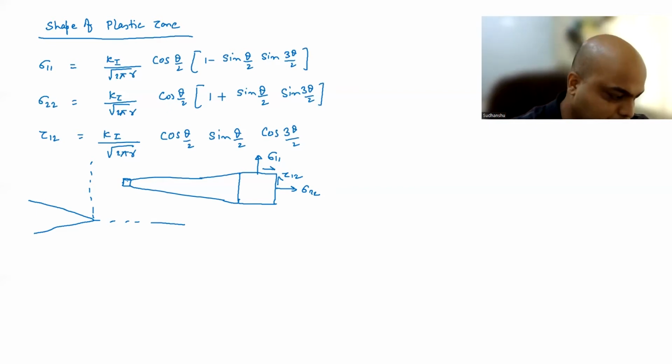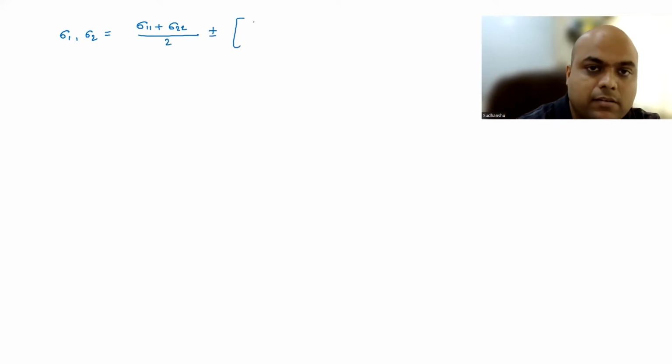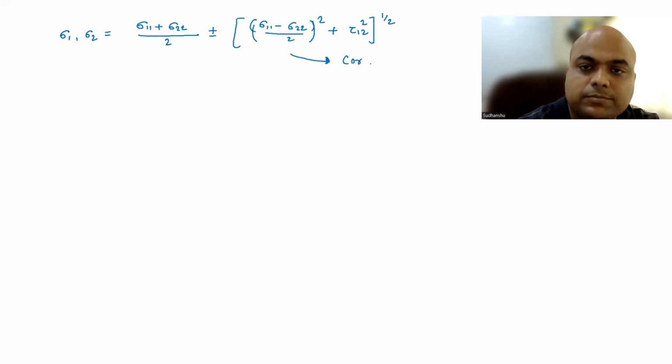Okay, so sigma 1 and sigma 2 can be given as sigma 11 plus sigma 22 divided by 2, plus or minus the square root of (sigma 11 minus sigma 22 by 2) square plus tau 12 square. And this was already done in course 1, part 1.